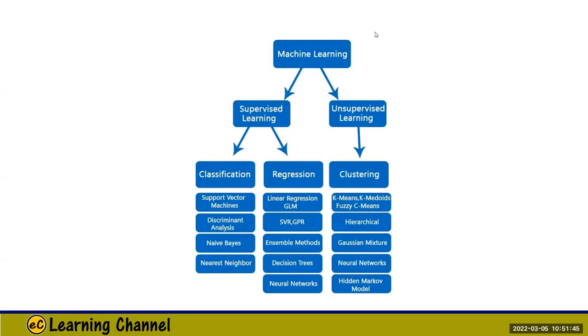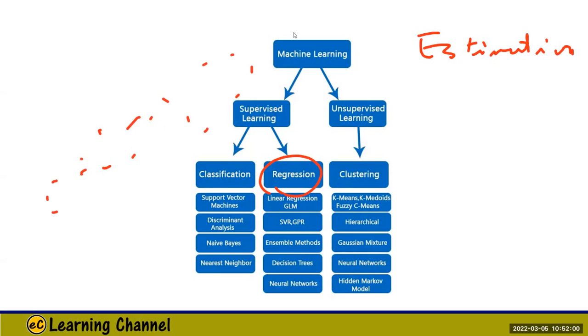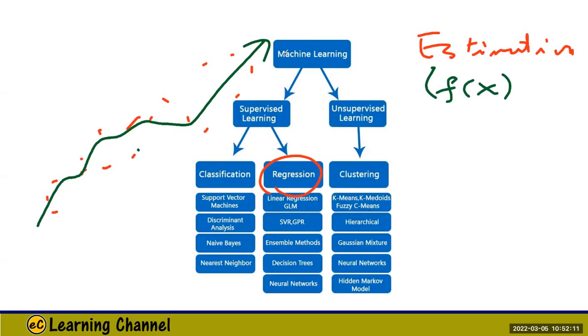So regression is estimation. Remember, regression is estimation. Estimation means that I have data points like this, and then I roughly find a line and use that equation to estimate the real data.